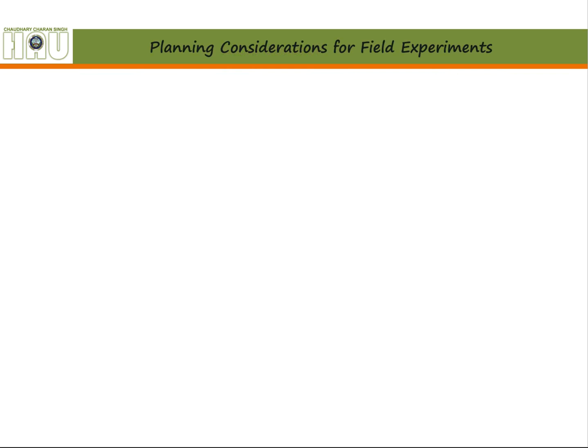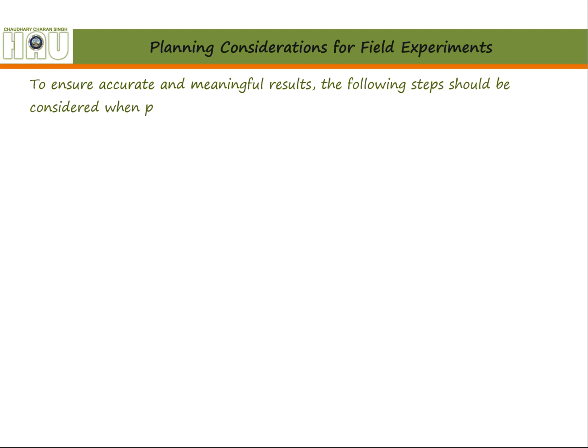Planning considerations for a field experiment. To ensure accurate and meaningful results, the following steps should be considered when planning field experiments. There are n number of steps you should follow. If you follow these steps properly, then your results are very accurate and you can draw meaningful conclusions from these results.